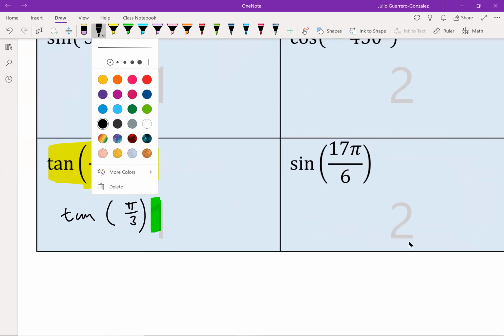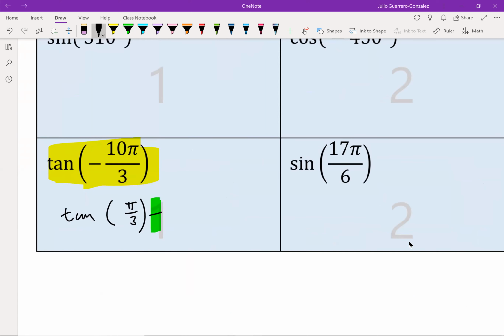My tablet's acting up. And this reduces to 1 over square root of 3 or root 3 over 3.